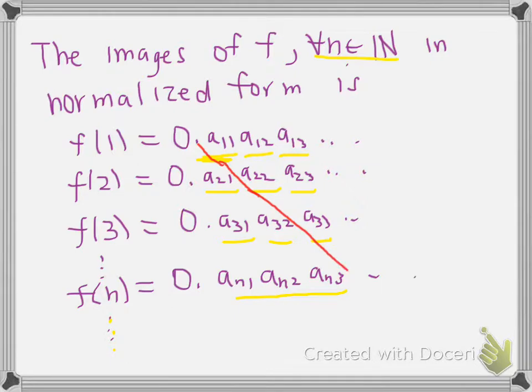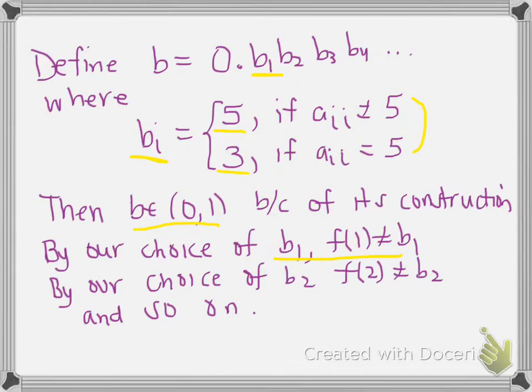The diagonalization goes like that. So you're looking at those digits on the diagonal to determine what your B is. And because you're looking at the numbers on the diagonal, there will never exist a B that's going to equal f of whatever your natural number is. Okay?